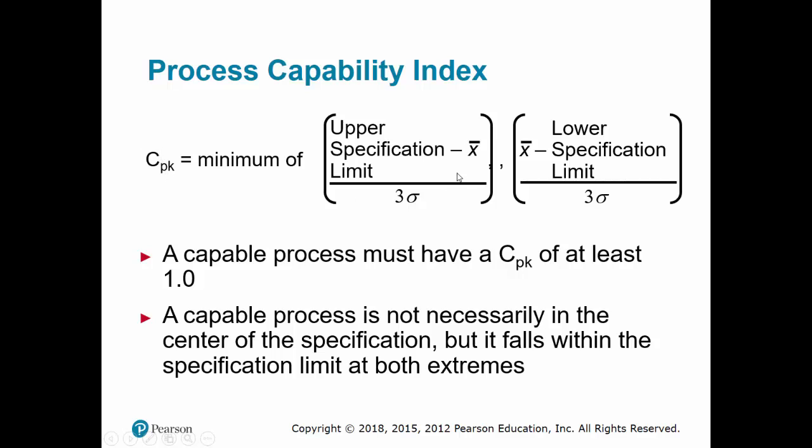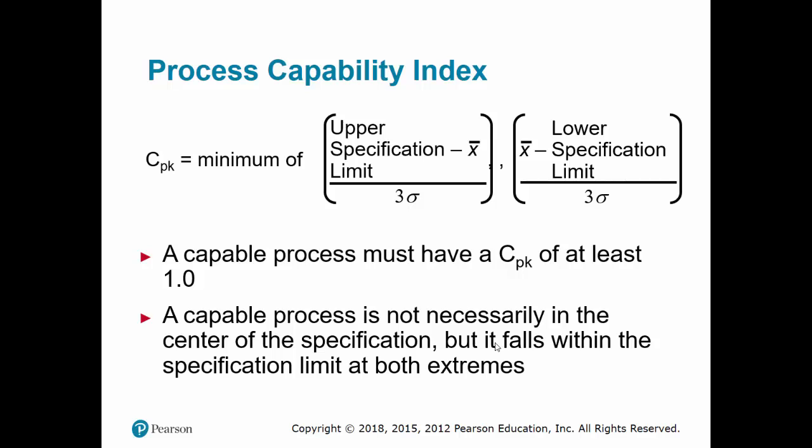For our purposes, let's assume that X bar is right in the middle of the target, and that the 3 sigma from the production process is exactly the same as the specification. Which means you get 1 here. So that means with 99.7% probability, you'll be within the specification limits.